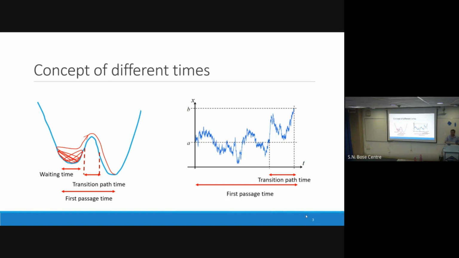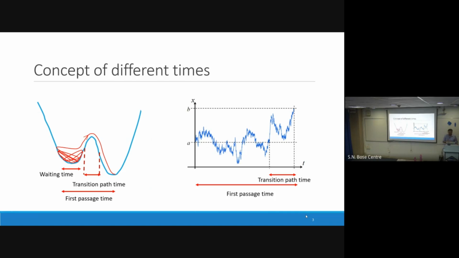For many trajectories you measure many times and plot a distribution, and that is the waiting time distribution. One important thing for waiting time is that the transition is considered instantaneous. The main time is involved in the wait, and then the transition is instantaneous.